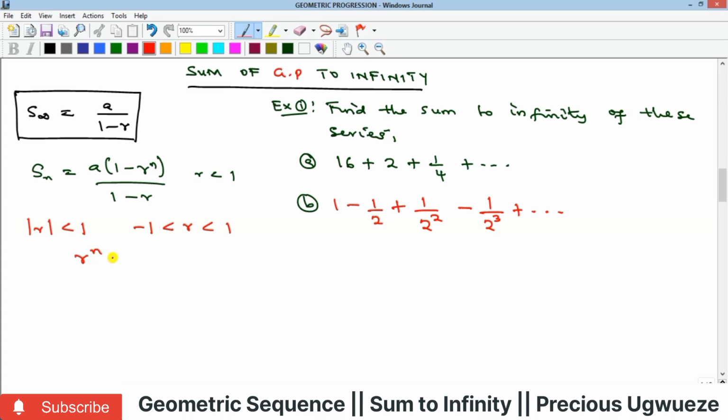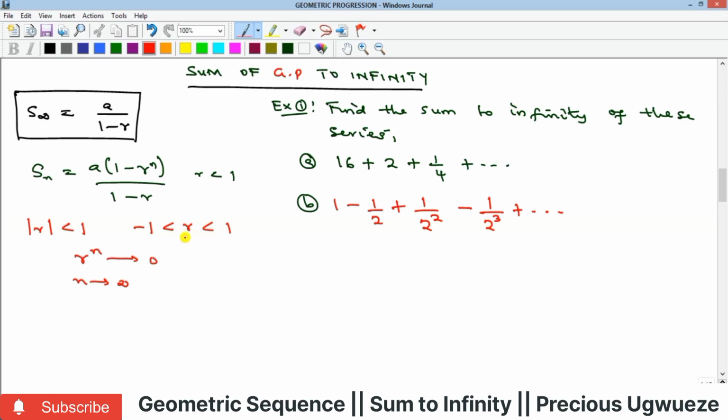And as your n is tending to infinity, as your n is increasing, remember you're summing n terms. Maybe you're summing the first 5 terms, the first 10 terms, the first 20 terms, 100 terms. As it keeps increasing, the value of R to the n will be reducing towards 0. So as n is going towards infinity, R raised to power n will be going towards 0.